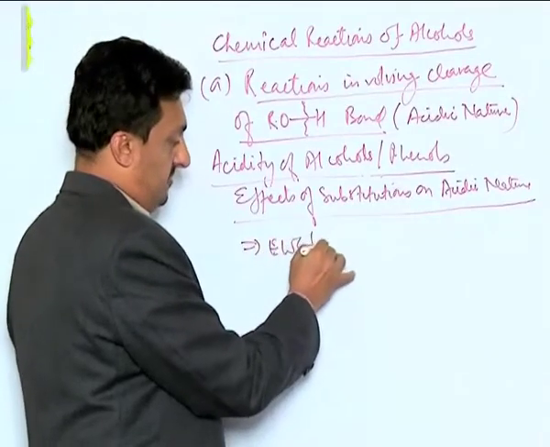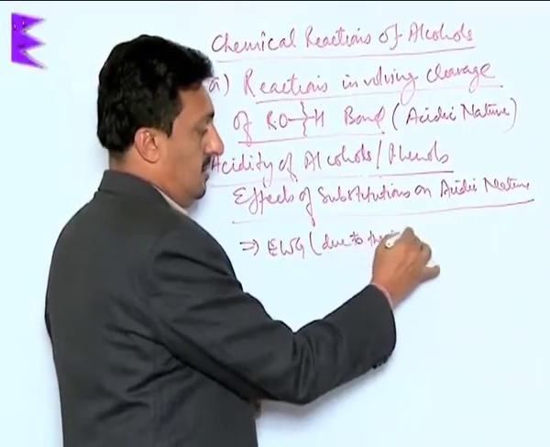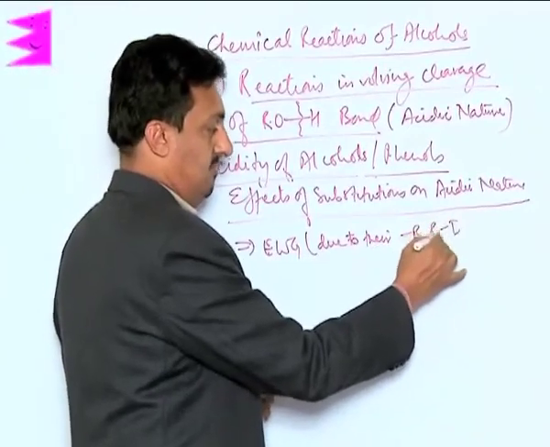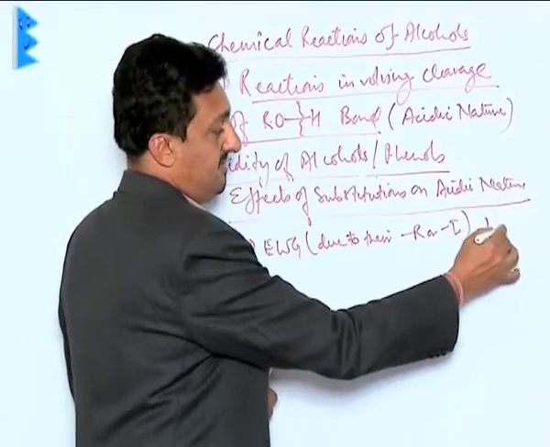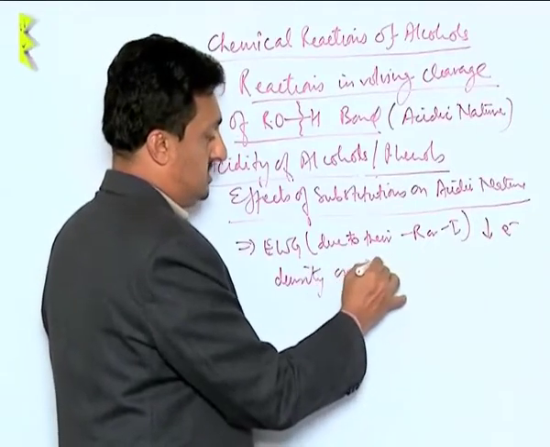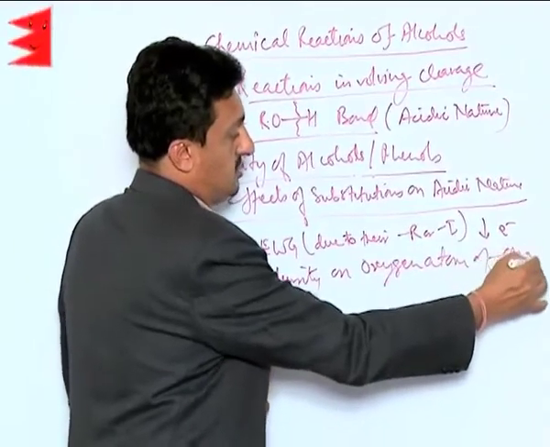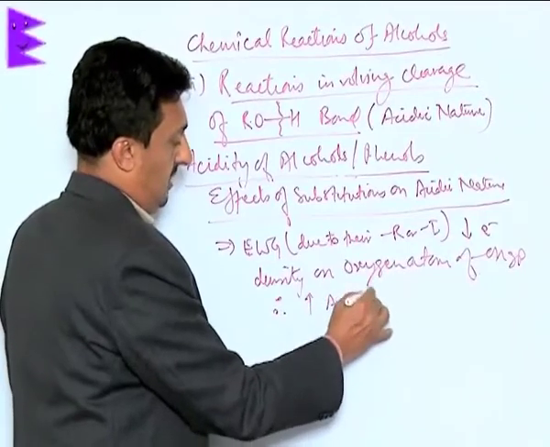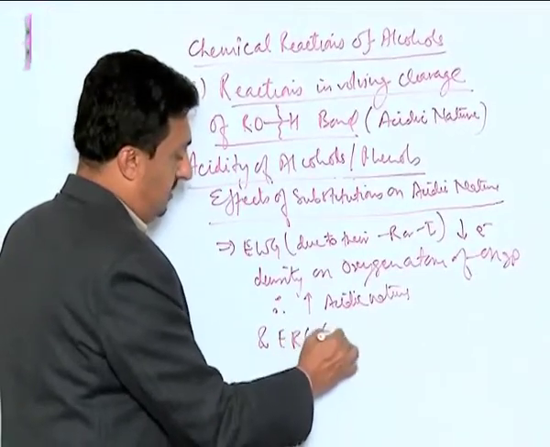Electron withdrawing groups, due to their minus R or minus M effect, decrease electron density on the oxygen atom of the OH group, therefore increase the acidic nature.